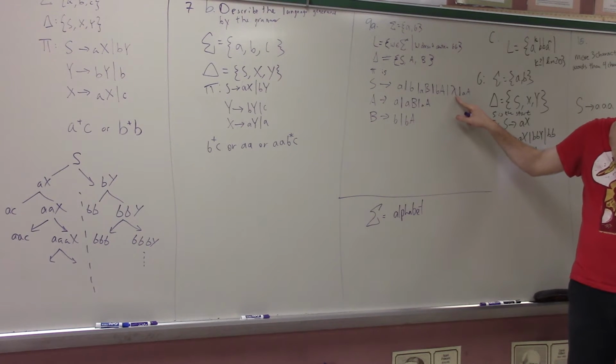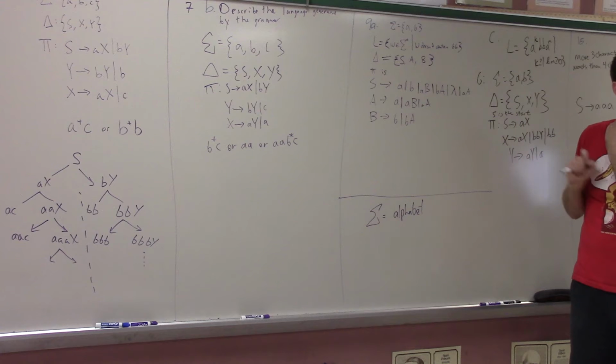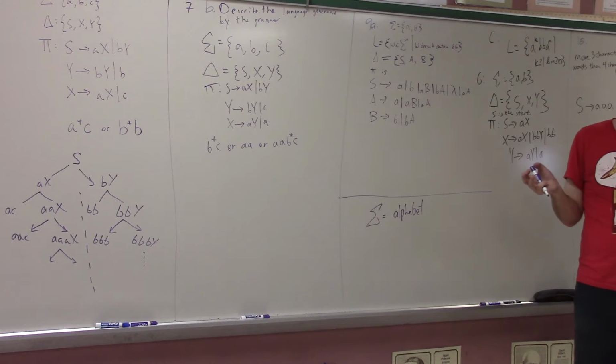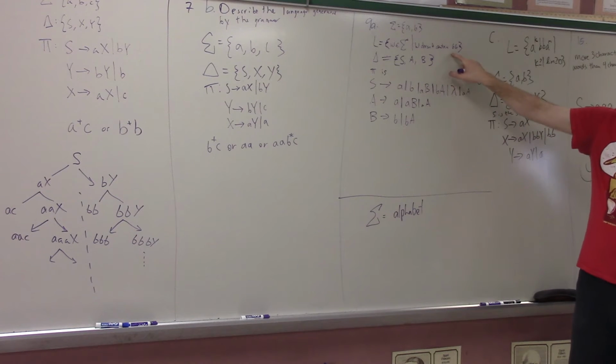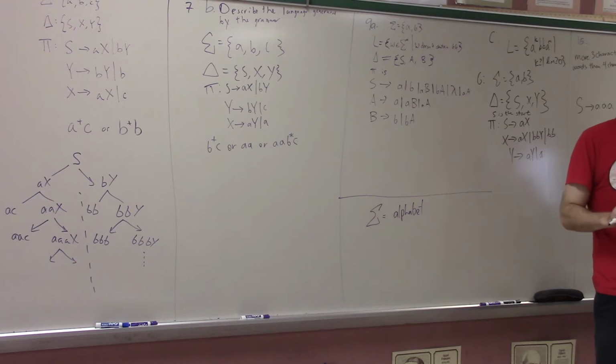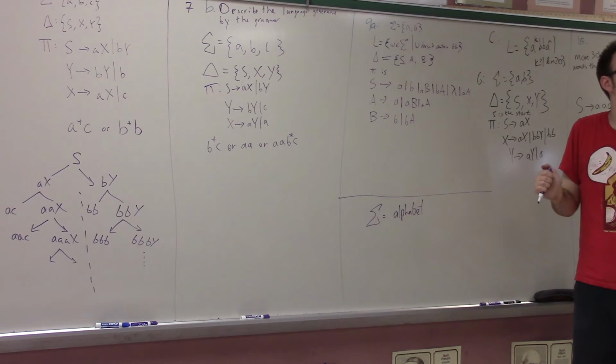I agree. Is it possible to do this problem without using lambdas in your rules? Yes. If you say that lambda must be one of the possible... If the null string is a string in this language, and I claim it is, then I need a way to make this grammar generate that null string. And so therefore I need this character.